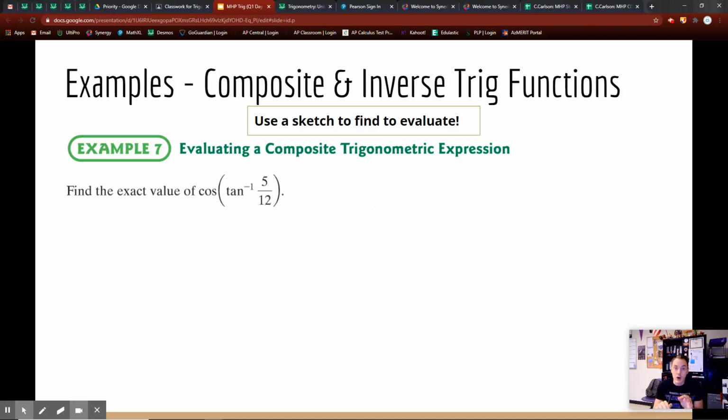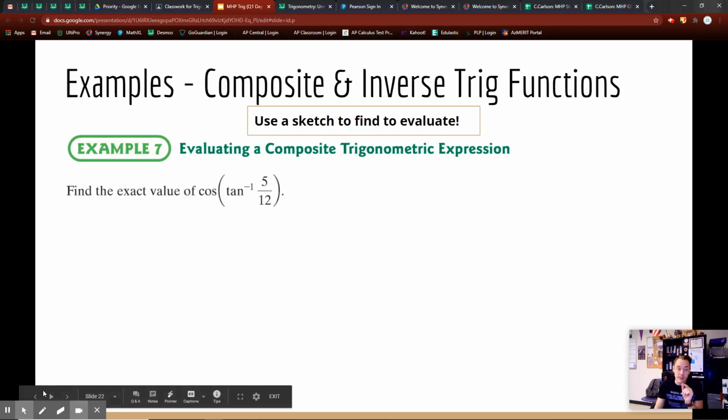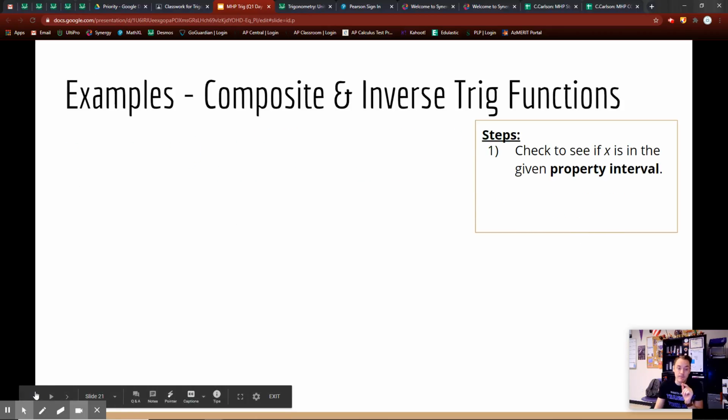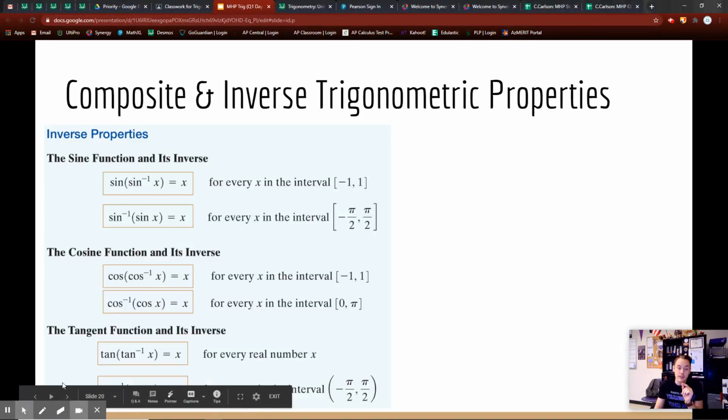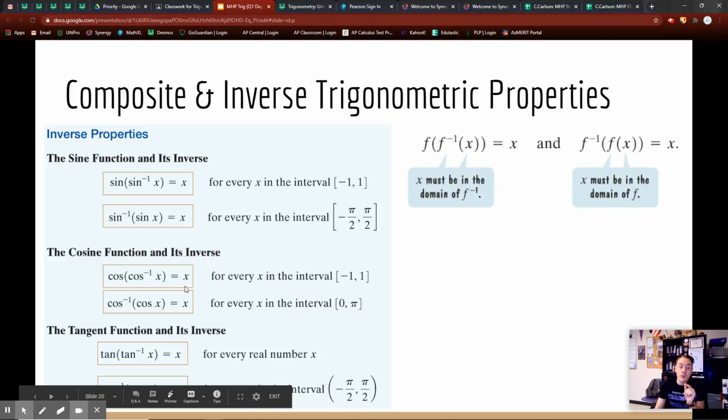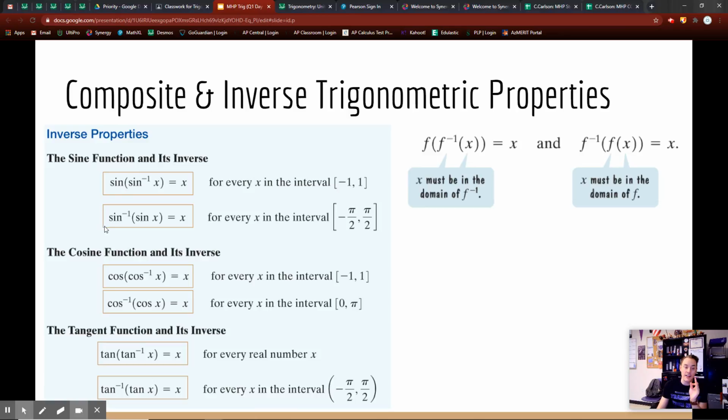No. So this slide right here, just to reiterate, is only applicable when you have sine, sine, cosine, cosine, tangent, tangent, when you're taking the composition of the inverse of the same trig function.